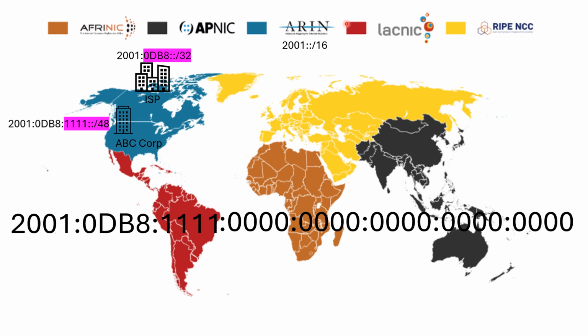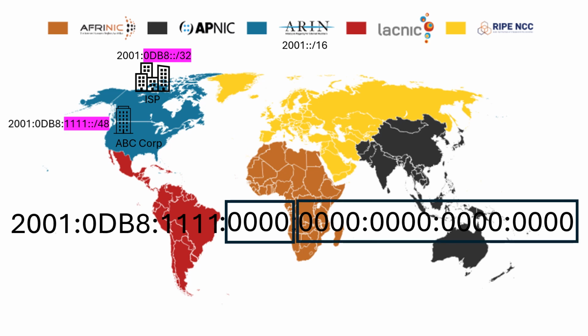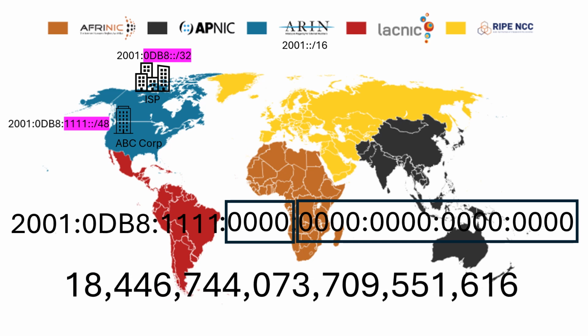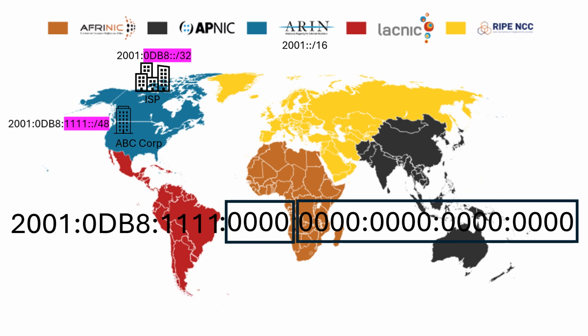Here the company can use the next segment of 16 bits, this part, to create networks, and the remaining 64 bits can be used for the end hosts. 64 bits means that the company has the option to have that many hosts under one network. These are a lot of IPs.